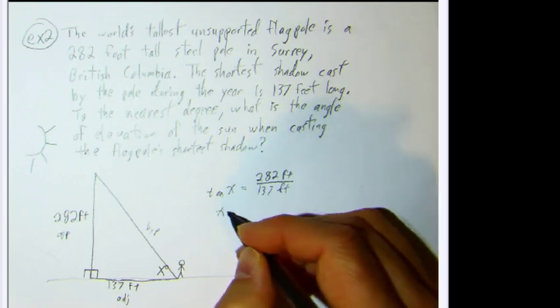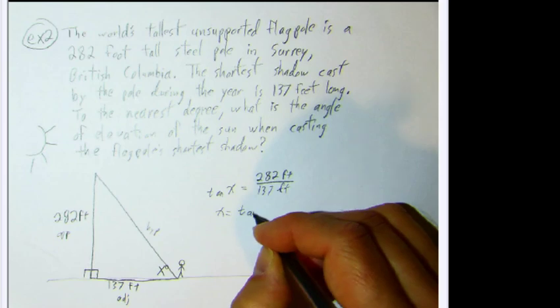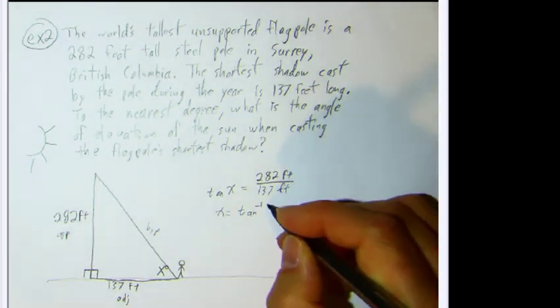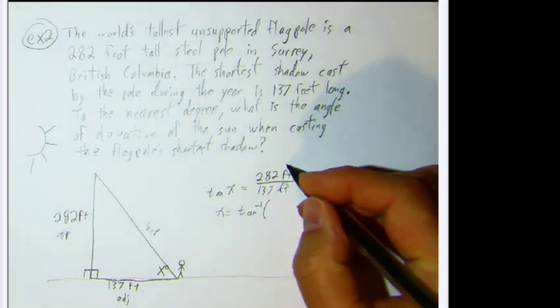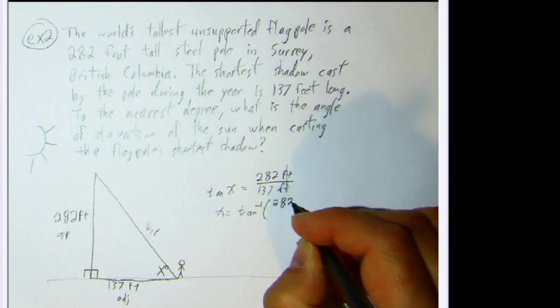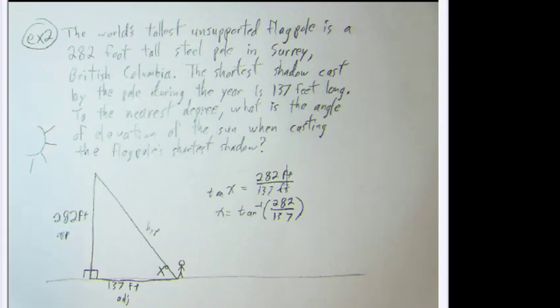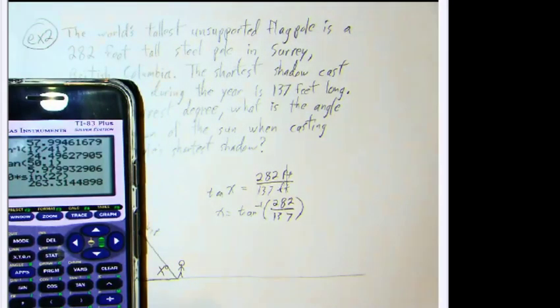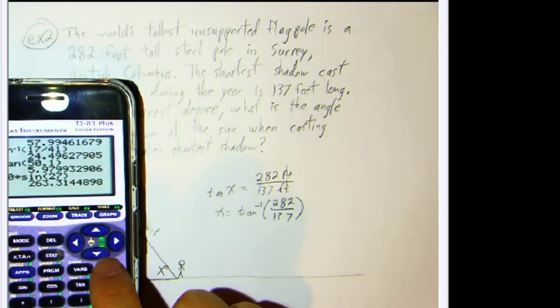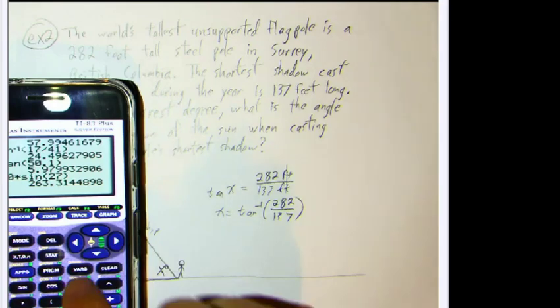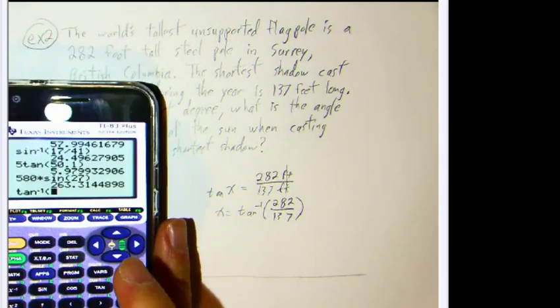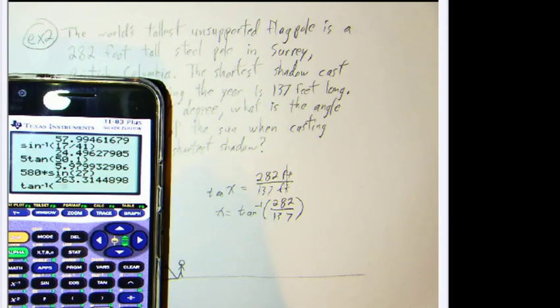So I'm going to do arc tangent, or inverse tangent of, now these feet cancel, so I end up with just 282 over 137, which is a calculator question. Second tan, so arc tangent of 282 over 137, enter.